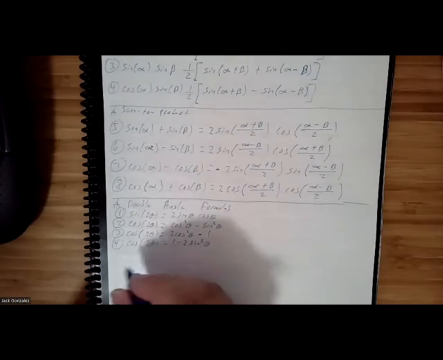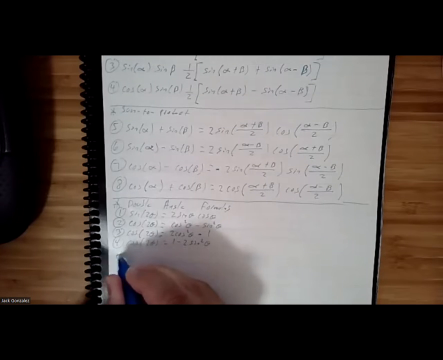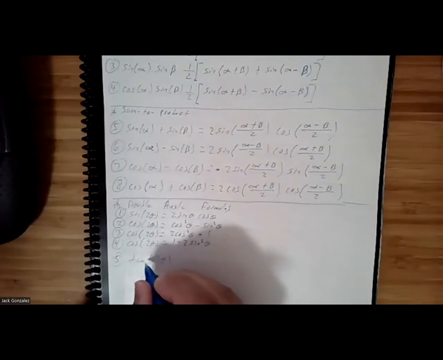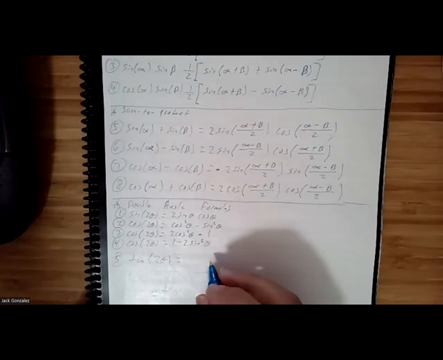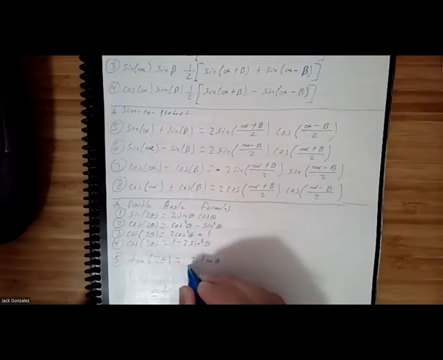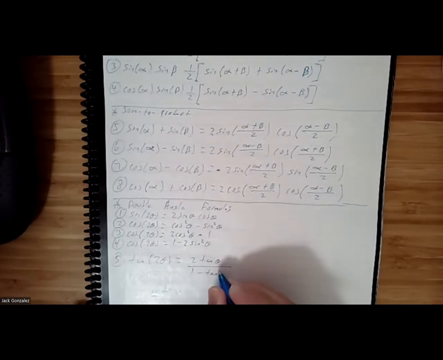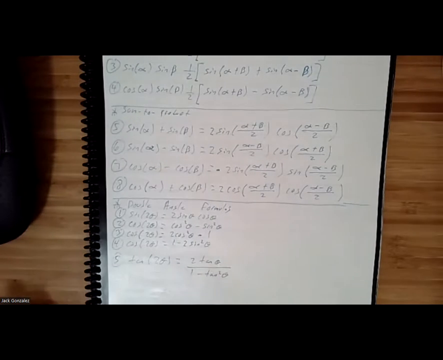Tangent. Forgot the tangent one. Tangent of 2 theta is equal to 2 tan theta over 1 minus tangent squared. All right, so that's all of the double angle.